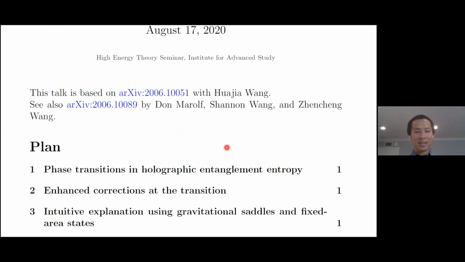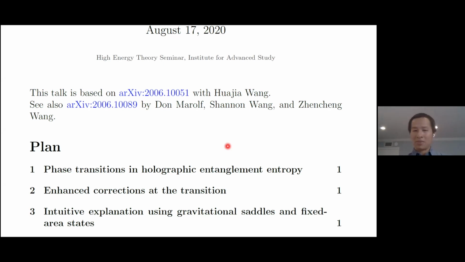So the plan today is, first, I'll describe what is a phase transition in holographic entanglement entropy. And I'll present what these enhanced corrections are when we're right at a phase transition. To give some intuitive argument for why these enhanced corrections exist, I will give an intuitive explanation using gravitational saddle points.